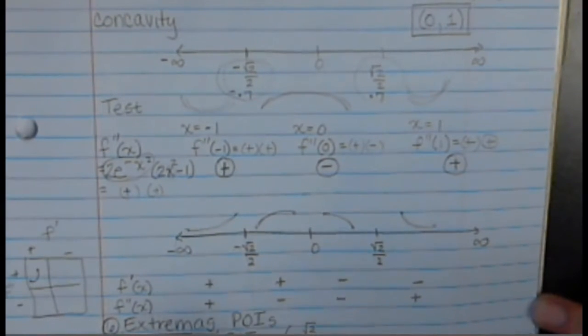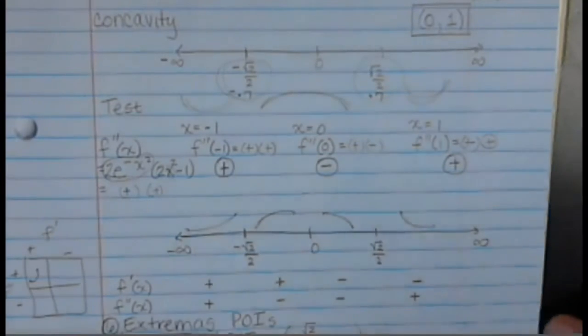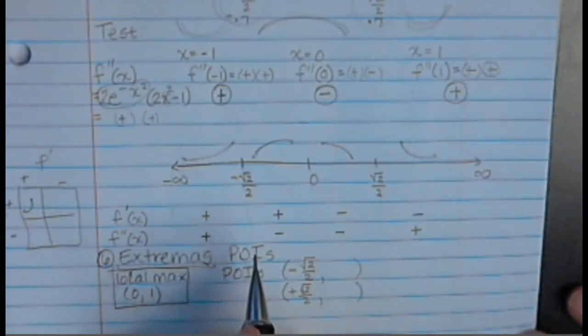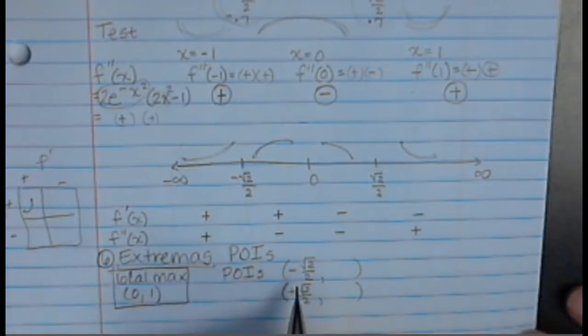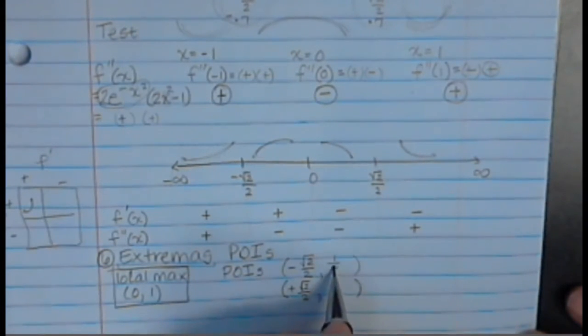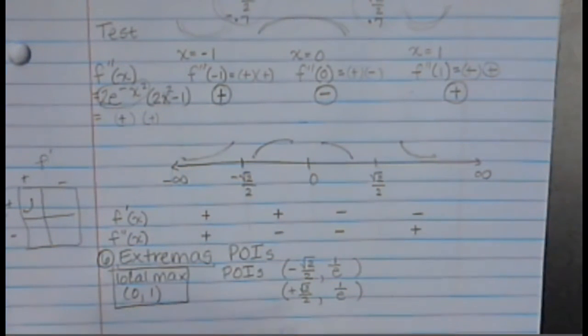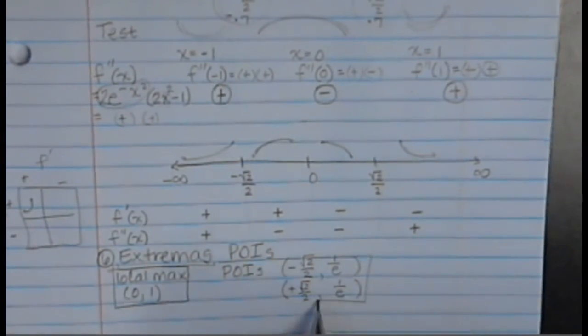And we've got to stick that into f to find these y values. I'm going to let you verify the math, but we're going to find that it's 1 over e in terms of y values. And again, we can use our calculator to estimate what that value is. Again, because we know it's even, we know we're going to have the same y values regardless of which one I plugged in. So we have found our points of inflection.